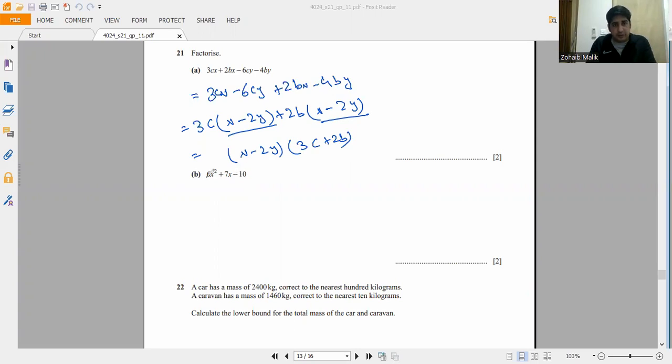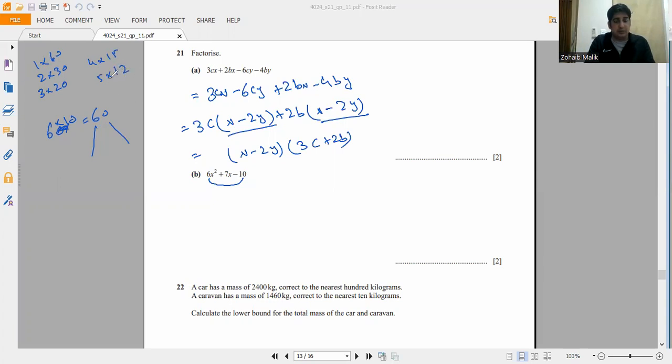Now next one is factorize this. 6x square plus 7x minus 10. I can see this is a quadratic equation. इसकी factorization करते हैं. 6 into 10, which is equal to 60, because I have multiplied these two numbers. Now I have to think about two numbers जिनका product 60 हो और वो plus या minus होकर plus 7 बनाते हों, तो हमारे पास क्या numbers हो सकते हैं? 60 के factor 1 into 60, 2 into 30, 3 into 20, 4 into 15, 5 into 12.